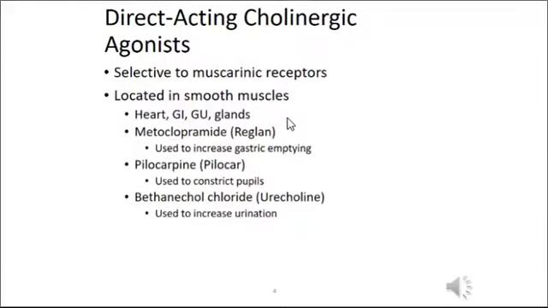Selective means they pick select muscles, which here is the muscarinic, the smooth muscles located in the heart, the GI, GU, and the glands. So that's where you see the specific places where it affects.